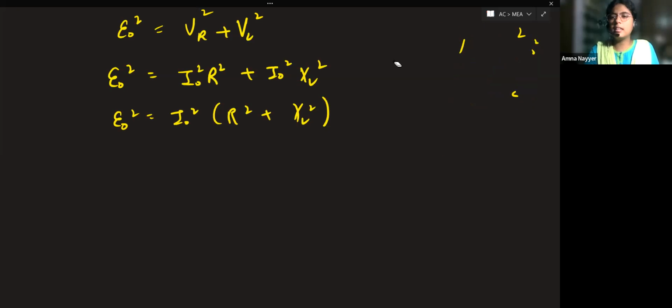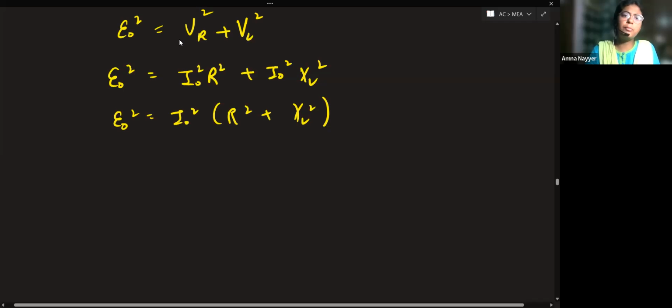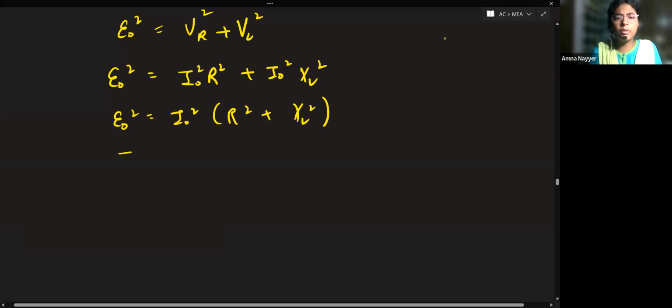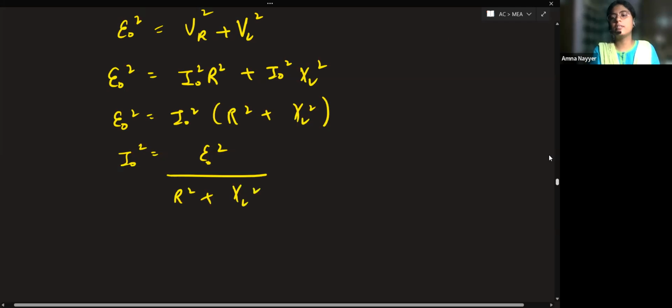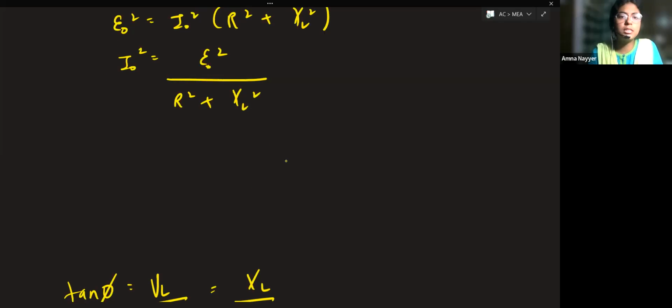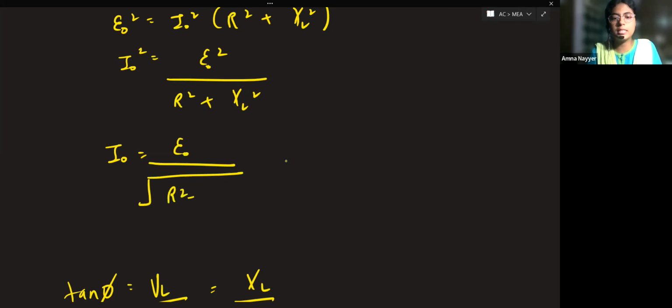So these RC and LC circuits are very, very easy once you have completed LCR circuits. From here, I naught square will be equal to E naught square divided by R square plus XL whole square. From here, we can write the value of I naught as E naught divided by under root R square plus XL square.